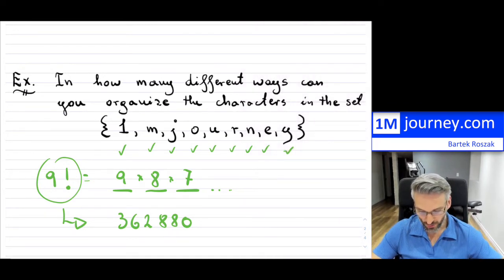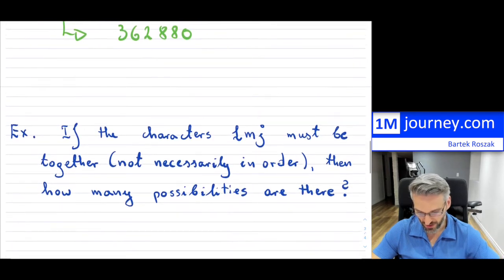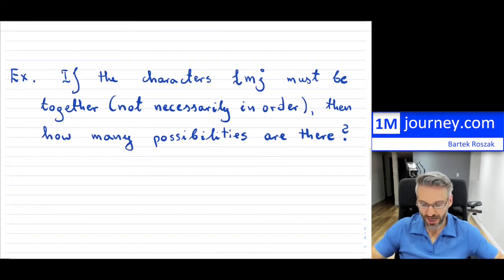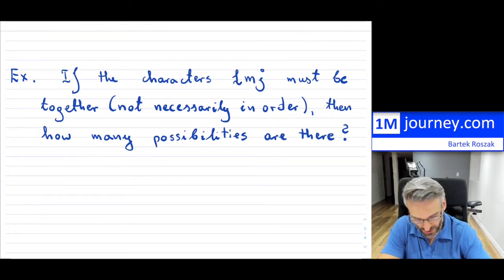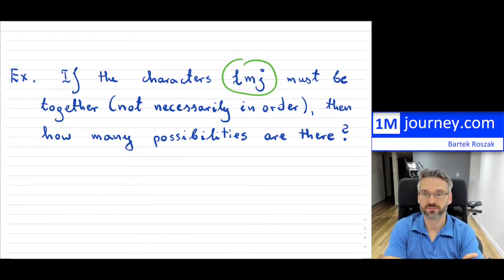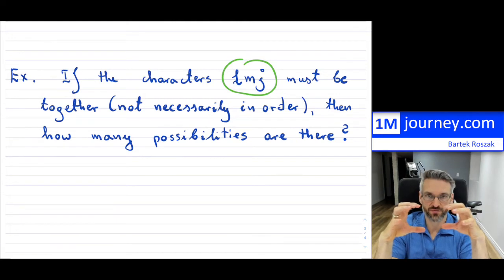I want to give you some variations of this because it does happen. Now, what if the characters 1, M, and J must be together? Not necessarily in order, but they must be grouped into this 3.